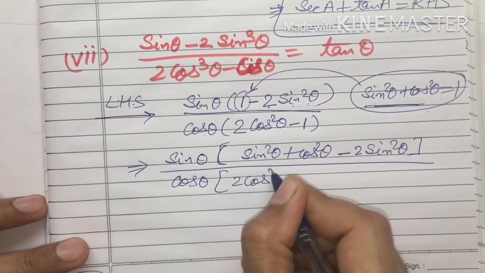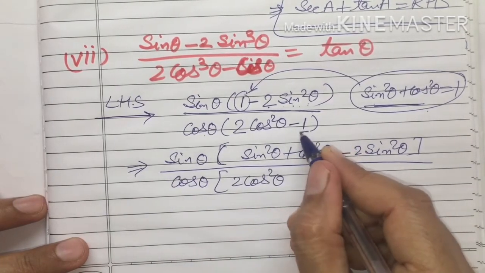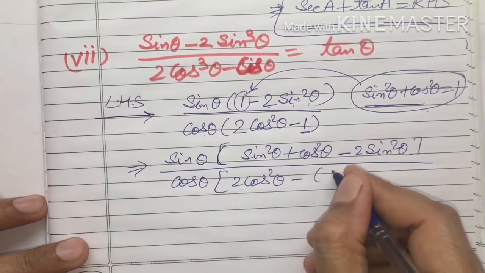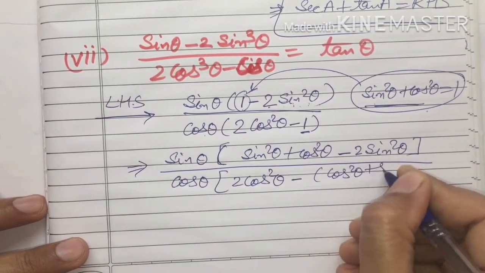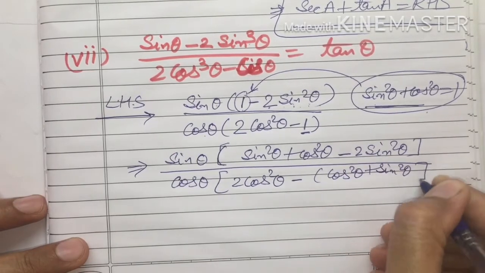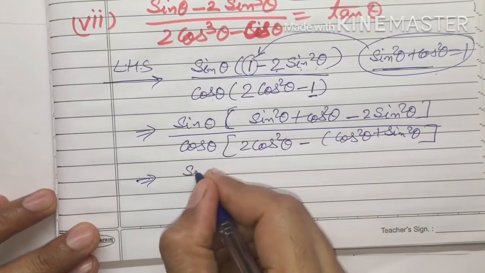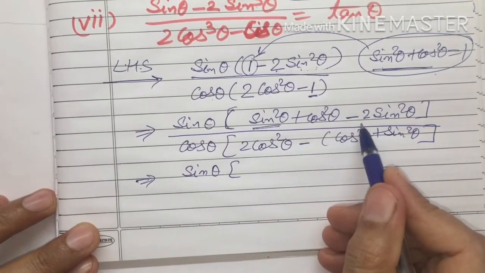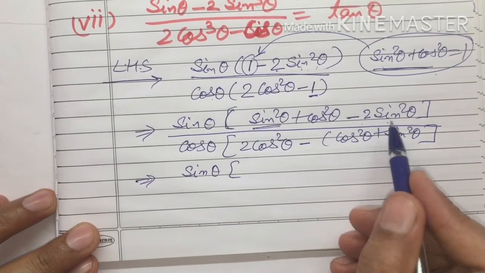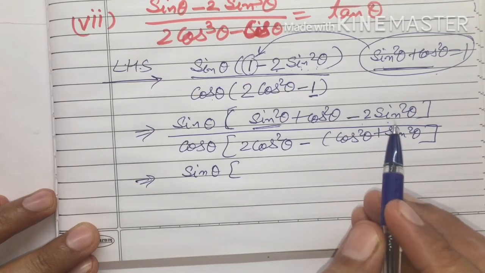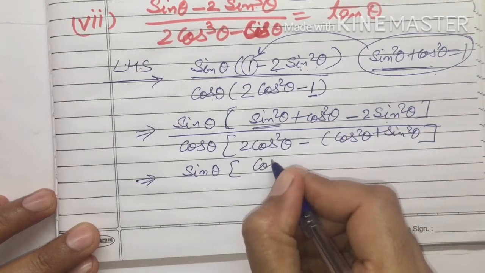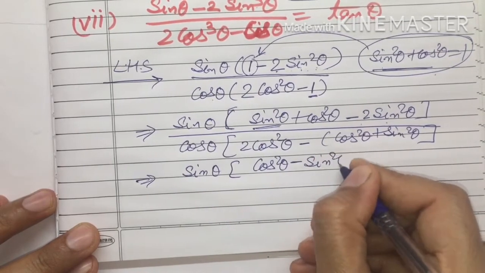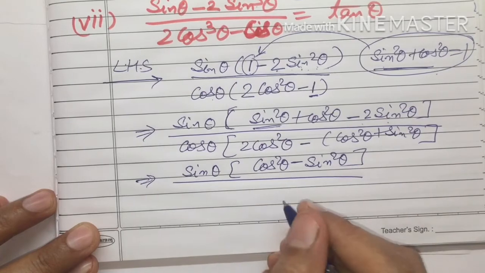2 cos square theta is there, and 1 we change by this identity, so minus cos square theta minus sin square theta. What is left in the numerator: sin square theta minus 2 sin square theta, so 1 minus sin square theta is left, cos square theta minus sin square theta in the numerator.